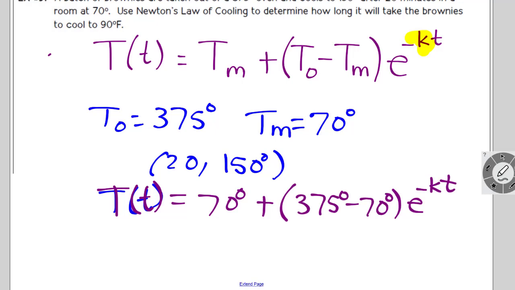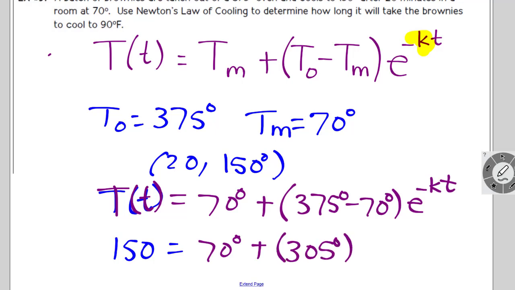For T(t), I can put in 150 is equal to 70 degrees plus the difference here, 305 degrees, e to the negative k, and t in this case is 20 minutes. Now in this equation, I only have one unknown value, that's k. So we need to solve for k.